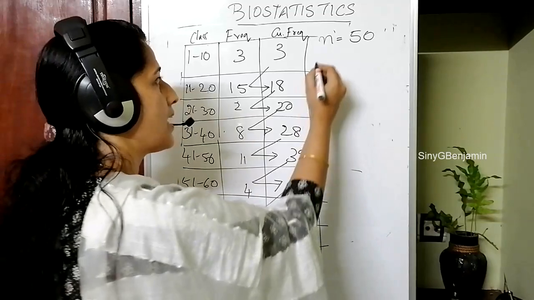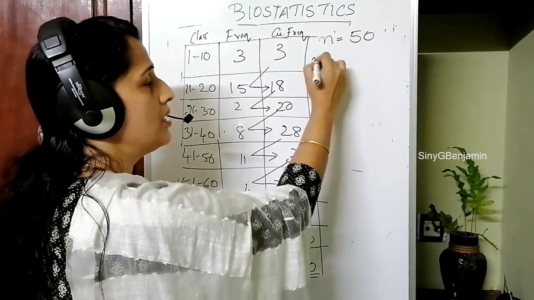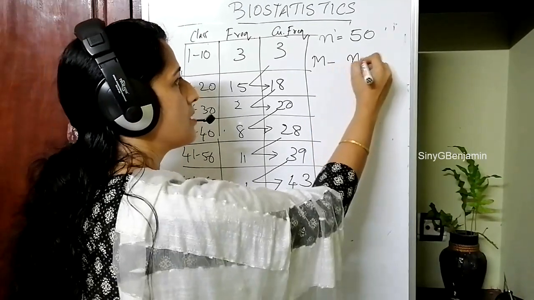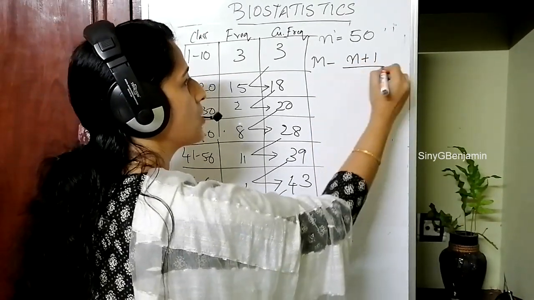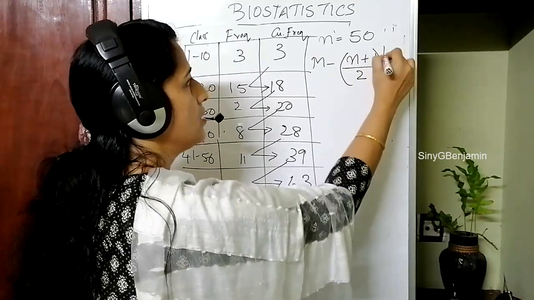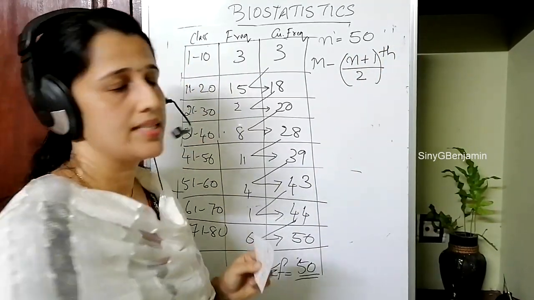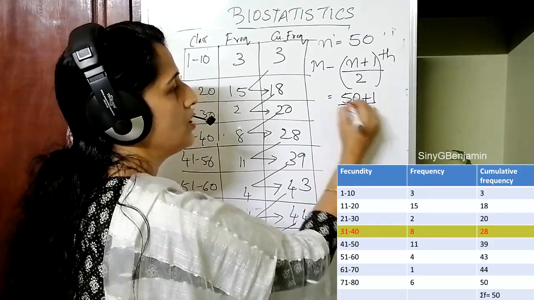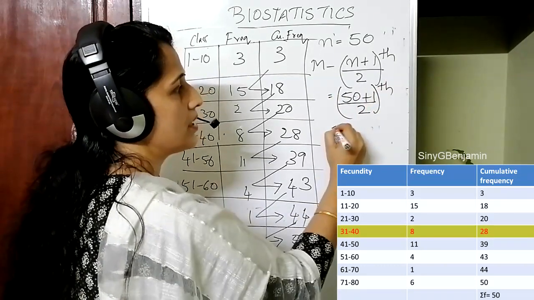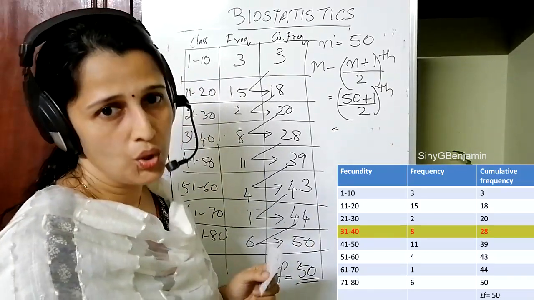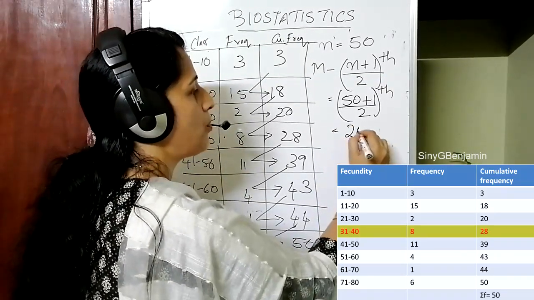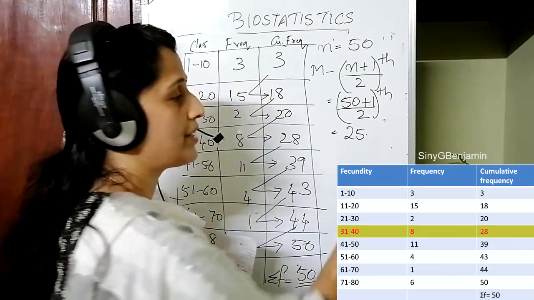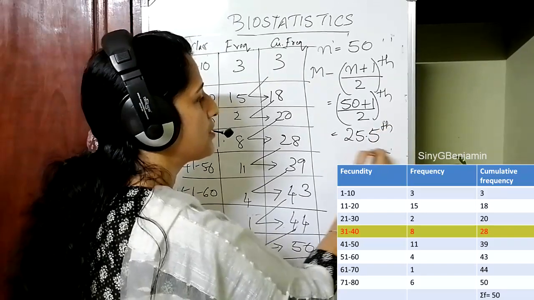Because 50 is an even number, the median is found by using this equation: n plus 1 by 2th item, that is 50 plus 1 divided by 2, that is equal to 51 divided by 2, or 25.5th item.